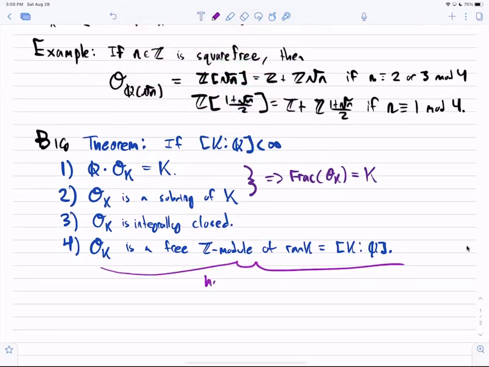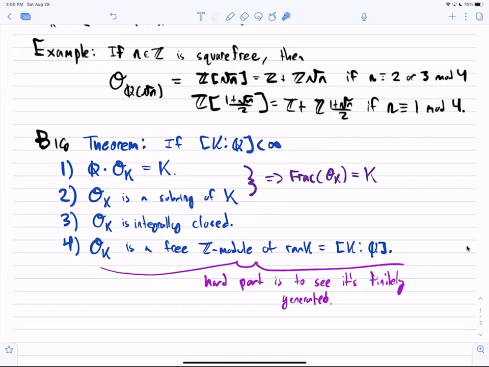The hard part is to see it's finitely generated. If you knew it was finitely generated, then you'd get this, but it might not be. K itself as a Z module is not finitely generated. Q as a Z module is not finitely generated. So you have just something inside of here and it may or may not be finitely generated. So you need to make some argument to see that it is.